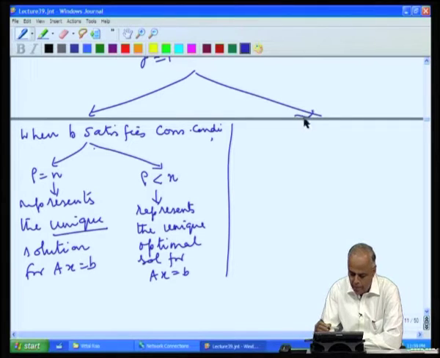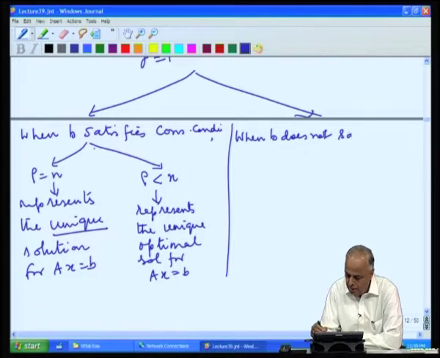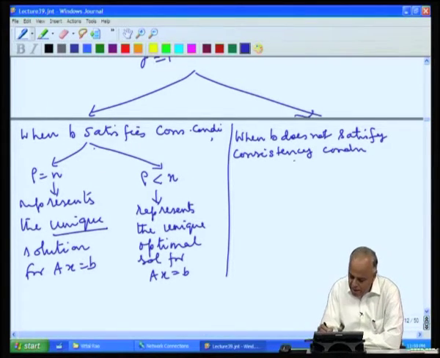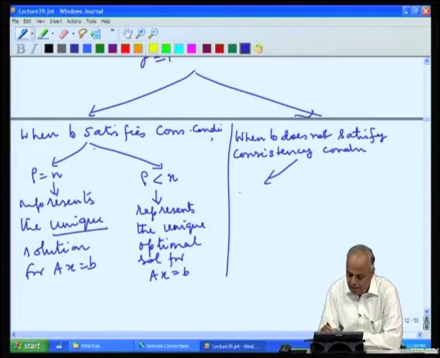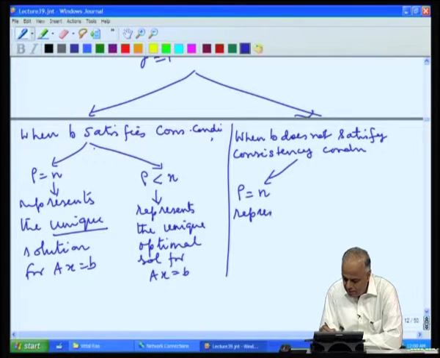And when B does not satisfy the consistency condition, the same expression, when rho equal to n, represents now not the unique solution, but the unique least square solution.